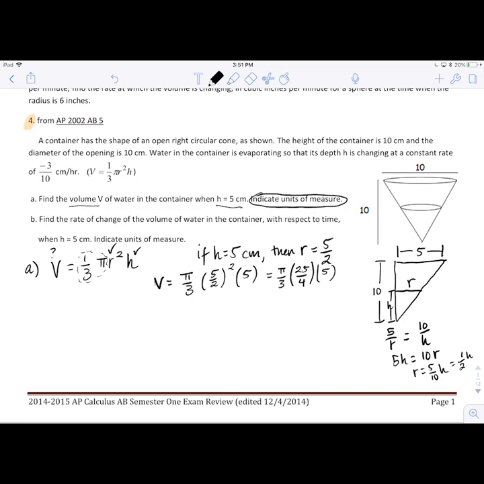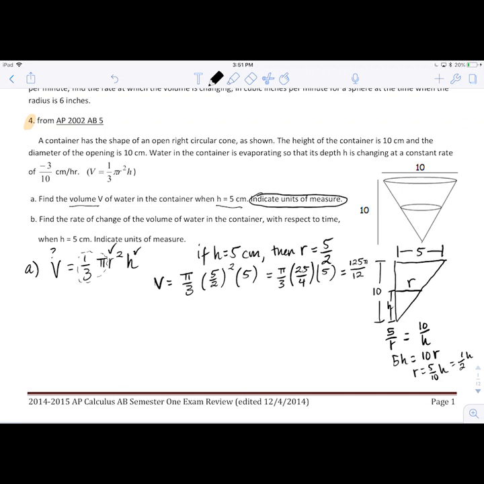So up top, we're going to have 5 times 25 times pi, which is 125 pi up top, all over 4 times 3, which is 12.